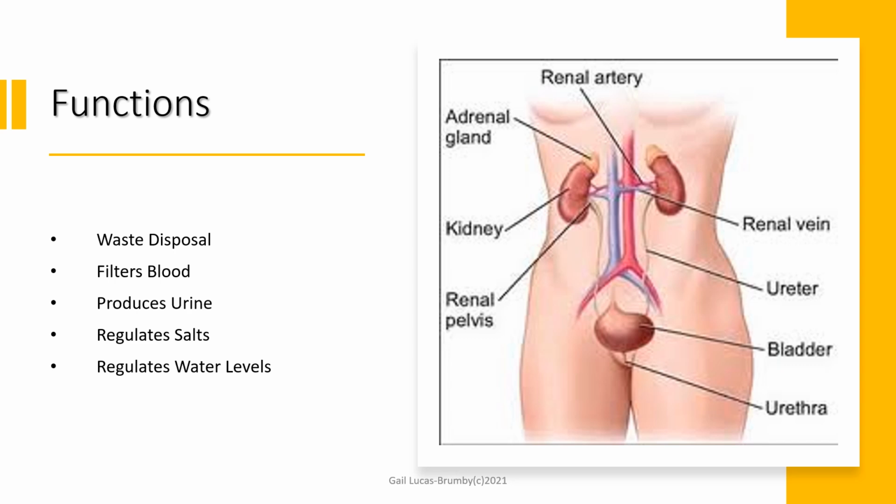So the job of the kidneys is to regulate the amount of water we have in the body and the amount of mineral salts we have in the body as well. The regulation of water levels and salt levels in the body is done through the kidneys. As that 1/5 of our blood is filtered, the kidneys produce urine, and urine is all the excess water and excess salts that the body doesn't need.